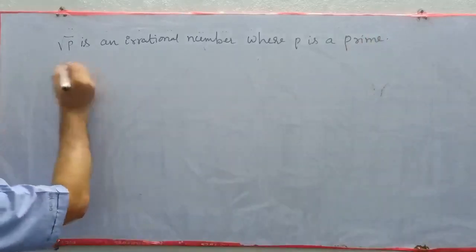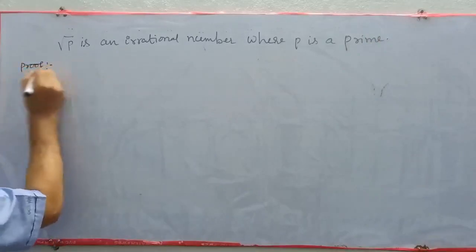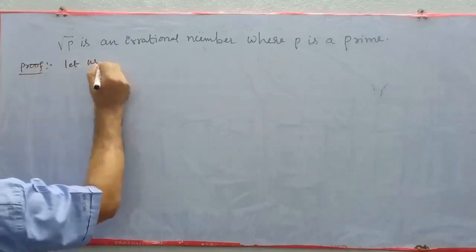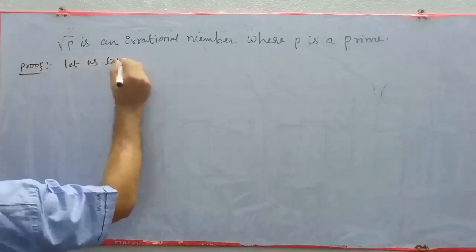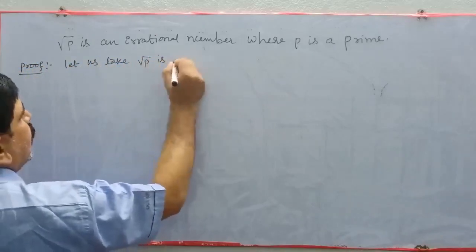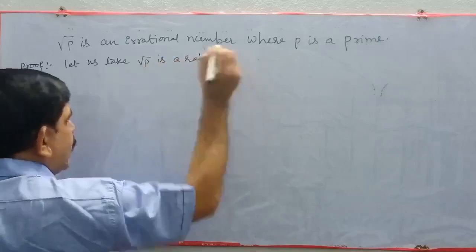Now let us suppose, for proof, root P is rational.